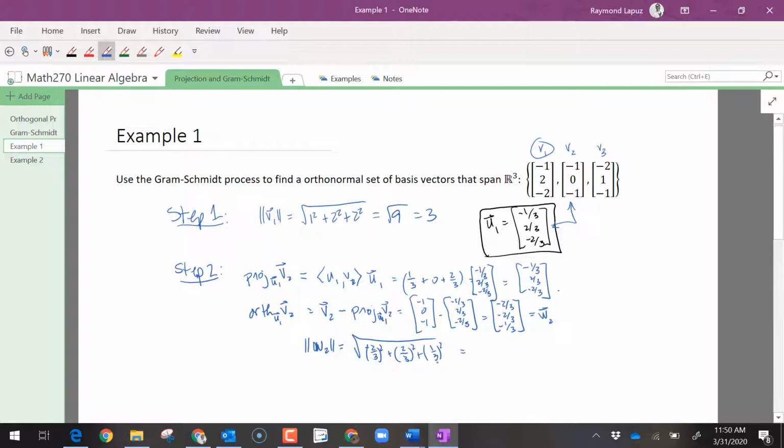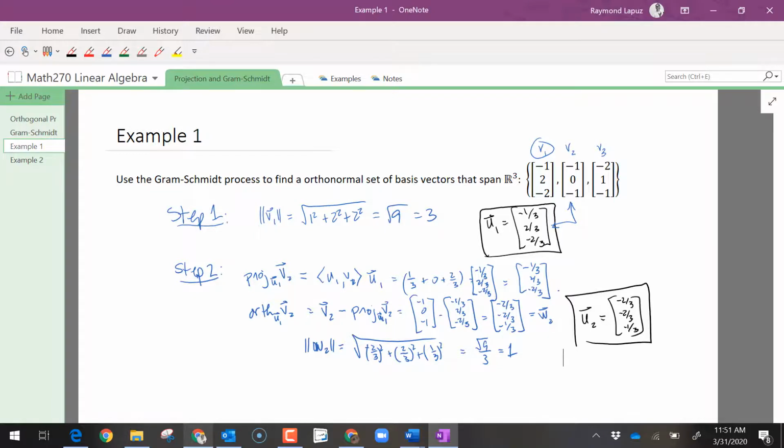So the denominator is going to be the square root of 9, and then we have 2 squared, that's 4, plus 4 plus 1, square root of 9. So that's already a unit vector. So we have our second unit vector, u2, which is minus 2/3, minus 2/3, minus 1/3. We have 2 down.